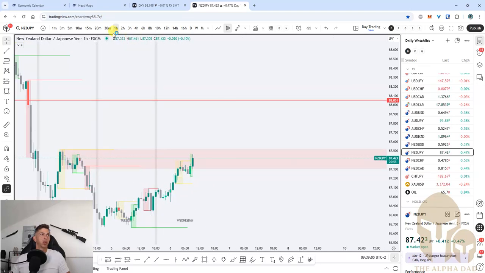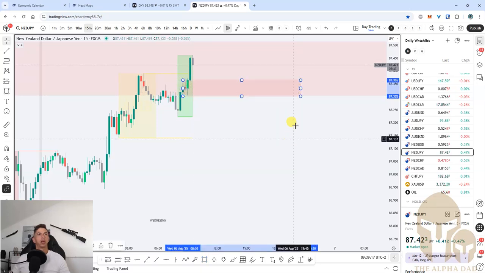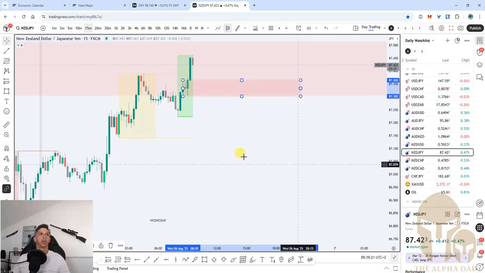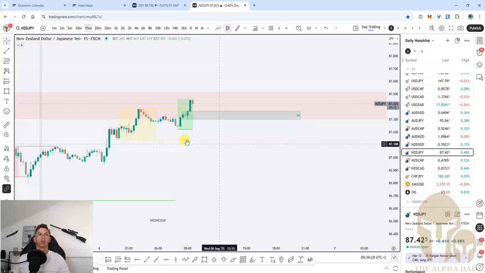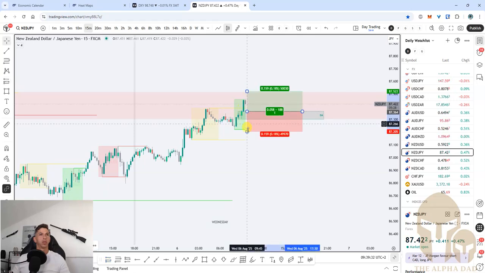Okay, so let's check. Where would our trade be? The ideal: you have a rally base rally right there, with a clear lower time frame demand right there. Let's see what this trade could.